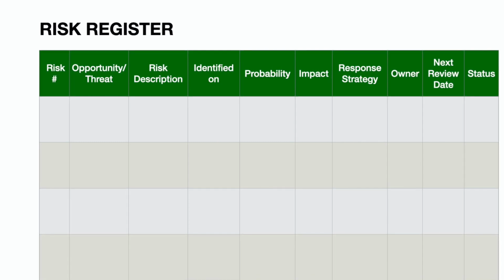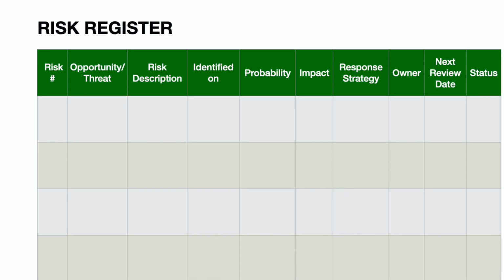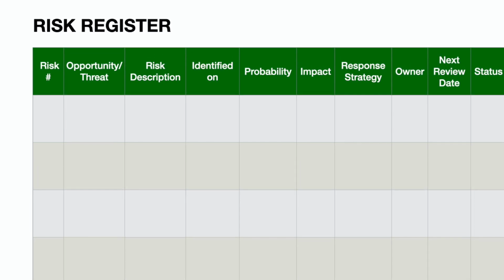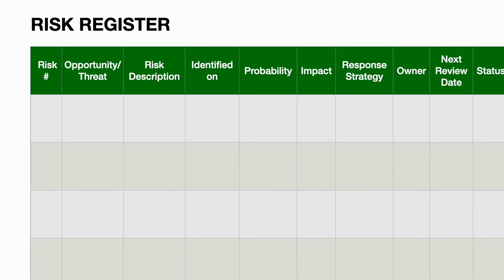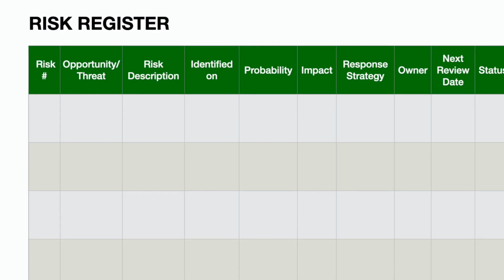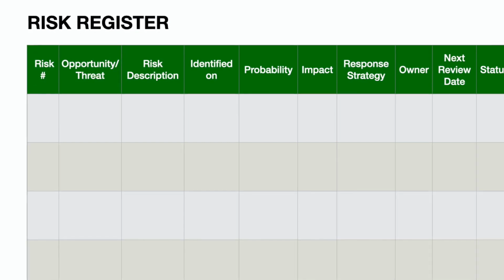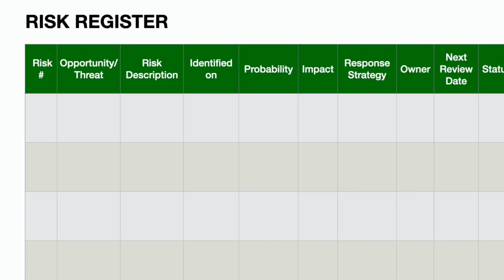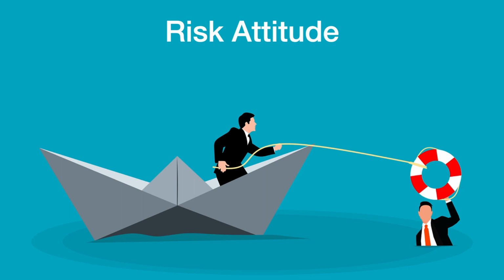The main purpose of a risk register is to ensure that potential risks are systematically identified, analyzed, and addressed throughout the lifecycle of a project or business activity. Towards the closure of the project, this document can become an important lessons learned artifact for other projects as an input for project planning.